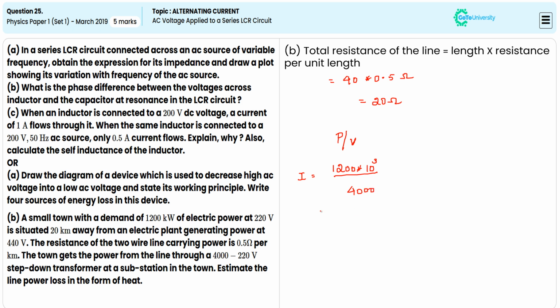We get the current I equal to 300 amps. Then P is equal to I square into R. Therefore, the line power loss in the form of heat is 300 square times 20, which gives the result 1800 kilowatt.